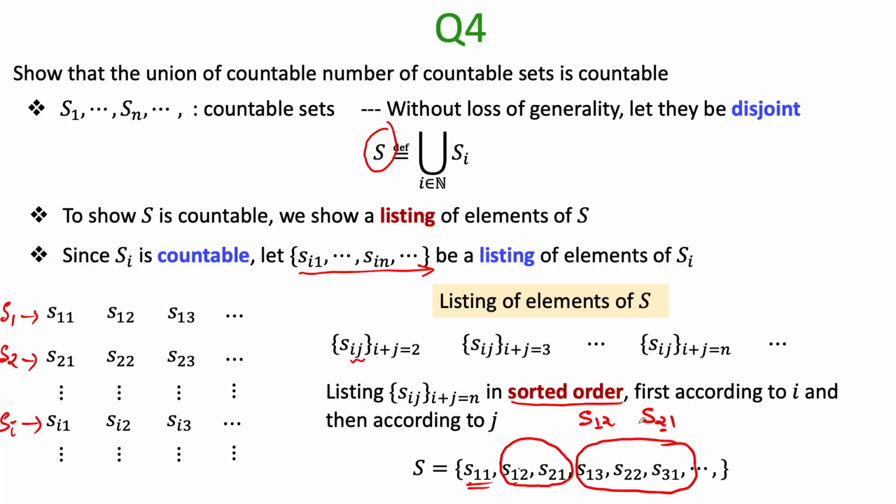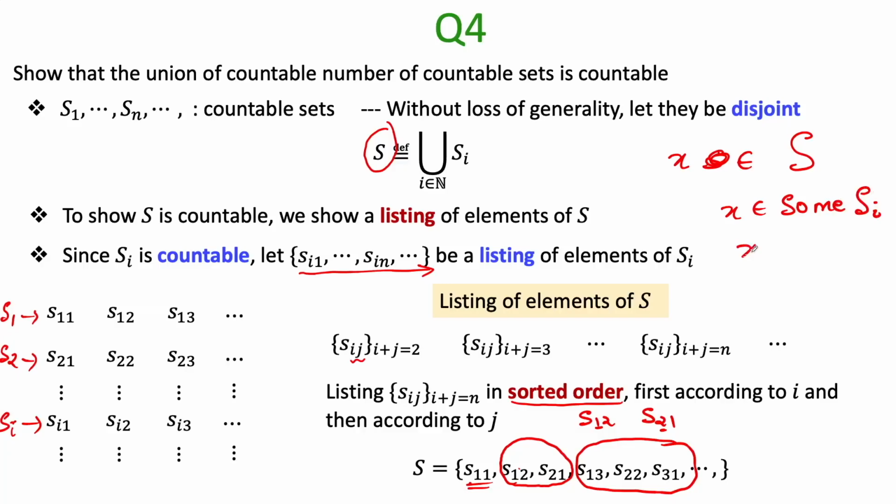Now you can see that this is a valid listing of the elements of the bigger set S. You will never miss any element, and you will not get stuck forever trying to find an element in this listing, because take any element x belonging to the bigger set S, x will belong to some Si. You don't know which set it belongs to.